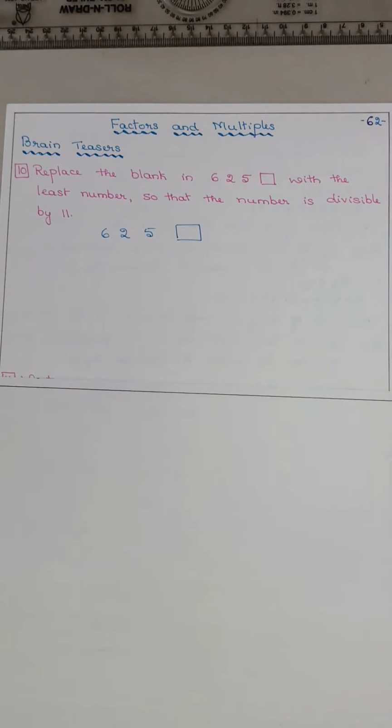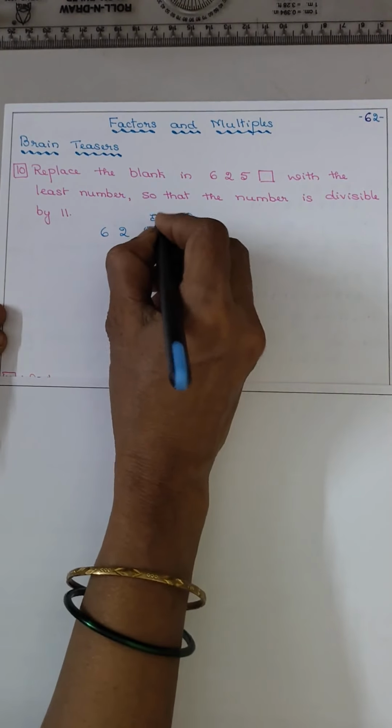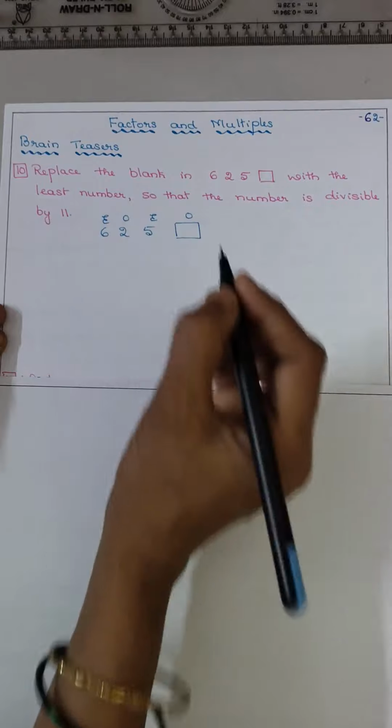So for 11 what is the method? You have to write the odd even places, isn't it? So it is odd even, odd even.